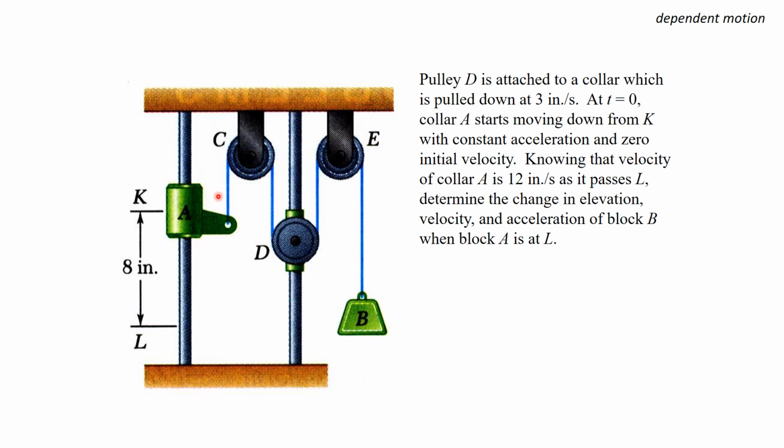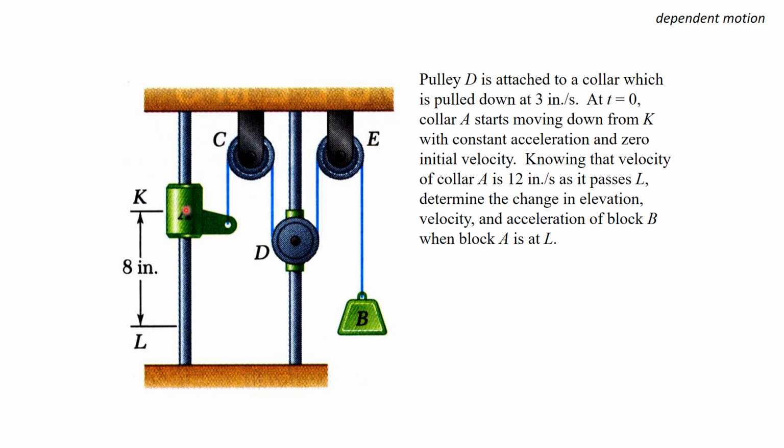So here we have 3 objects, kind of like the previous one. Pulley D is attached to a collar, which is pulled down at 3 inches per second. At t equals 0, A starts moving down from K with a constant acceleration and 0 initial velocity.